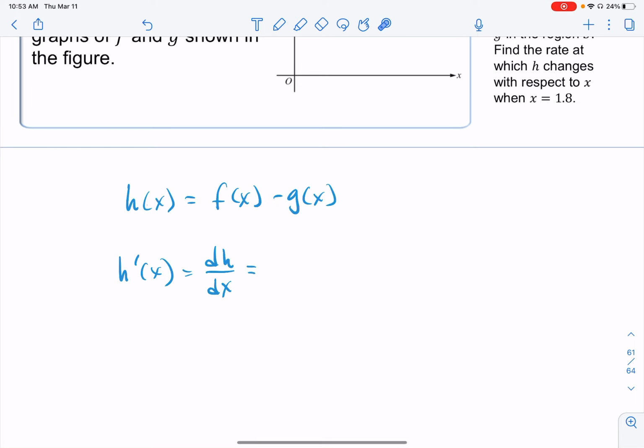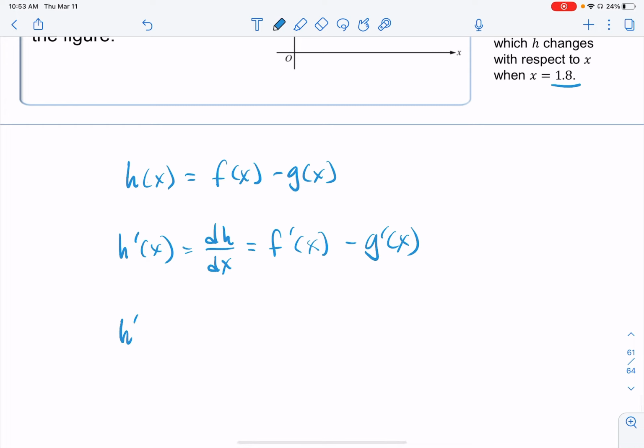I just take the derivatives of each of these functions piece by piece. Right, and then I want to evaluate this at 1.8, so that just means h prime of 1.8 is equal to f prime of 1.8 minus g prime of 1.8.